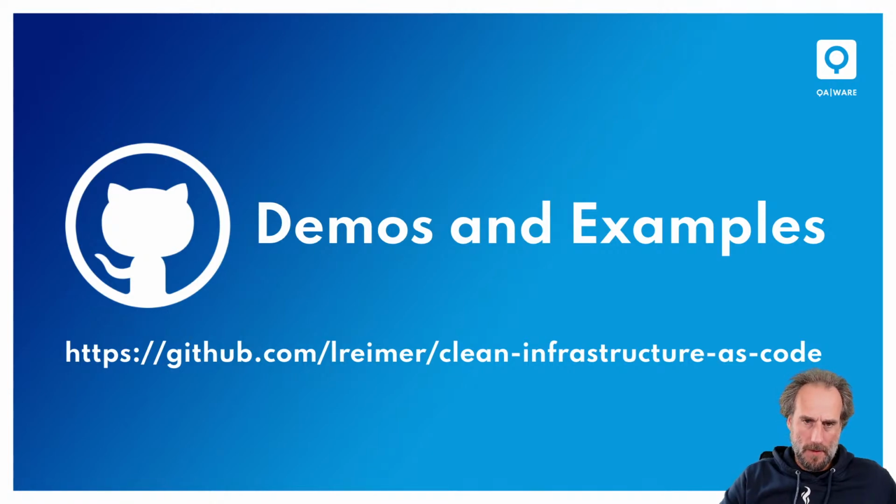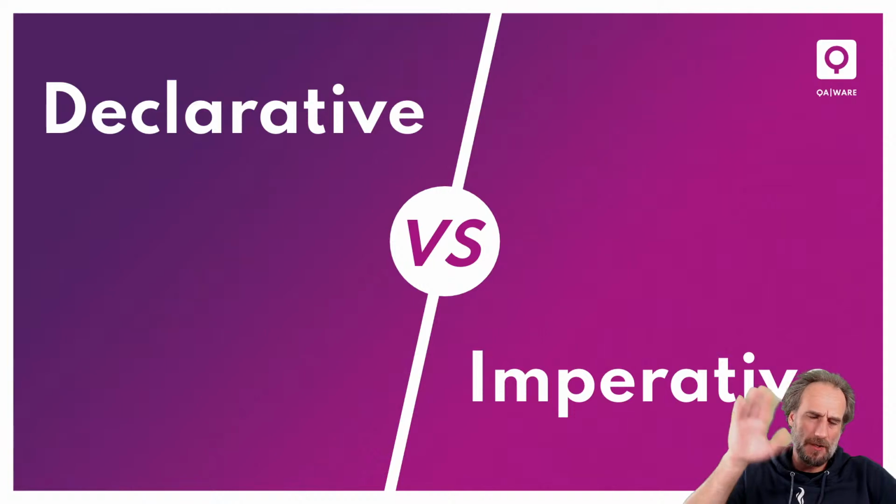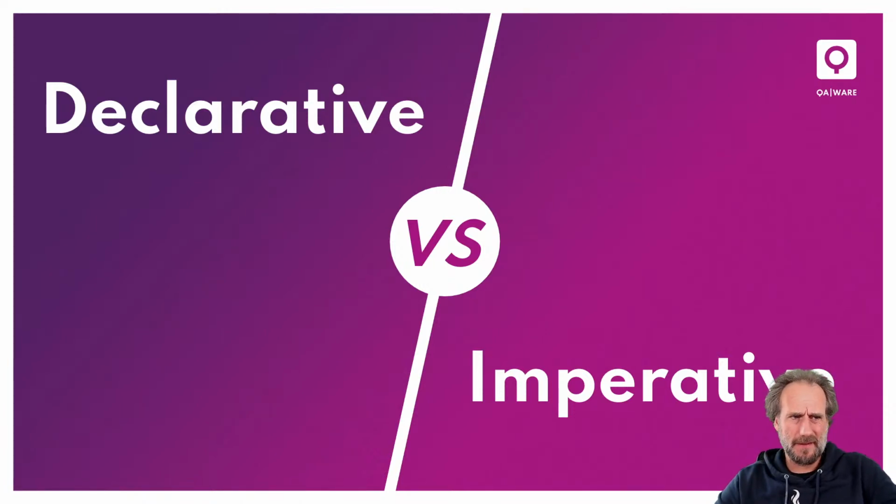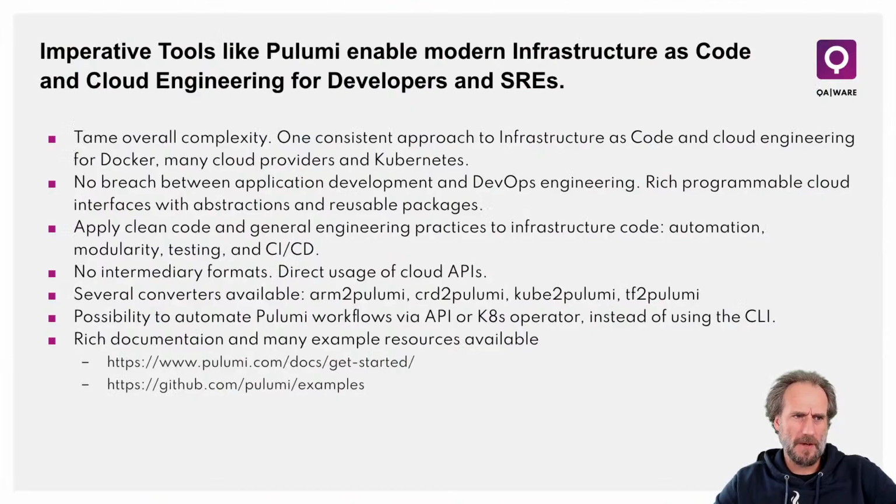Now maybe one final word. I don't want to start this flame war of declarative versus imperative, but recently I came across a tool called Pulumi, and maybe that is the future for some teams, because it gives you the possibility to express your infrastructure code not in a declarative way, but rather in the programming language you're most confident with.